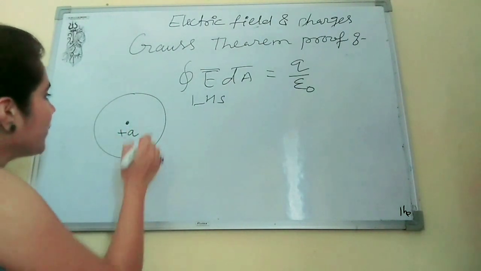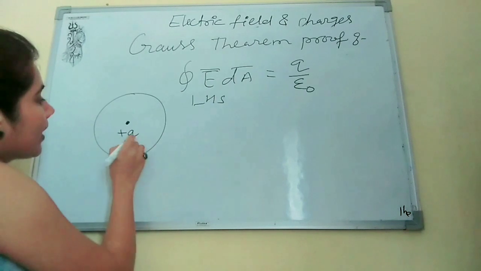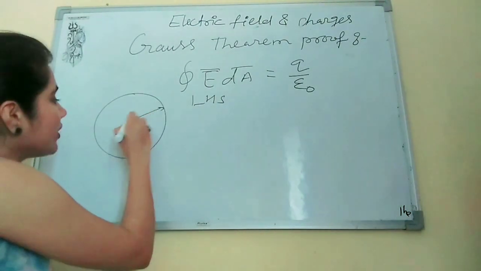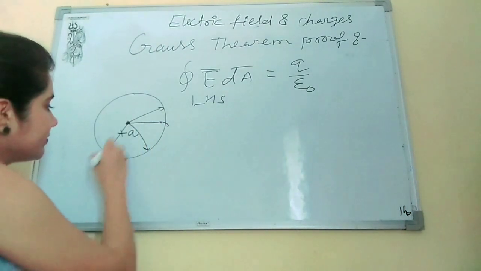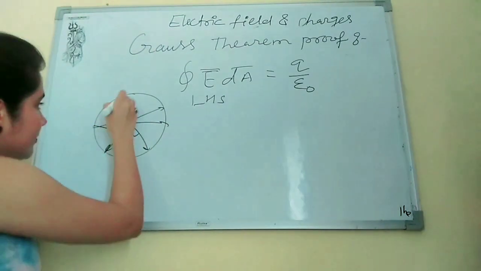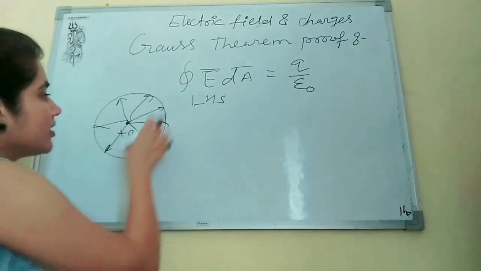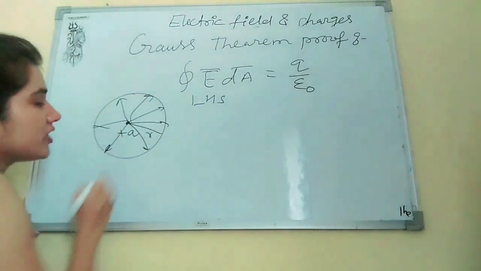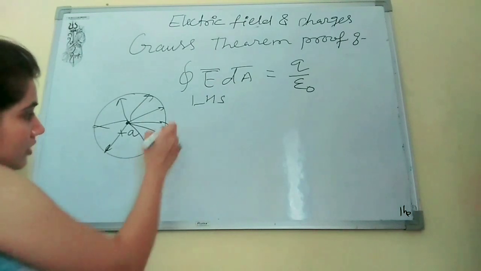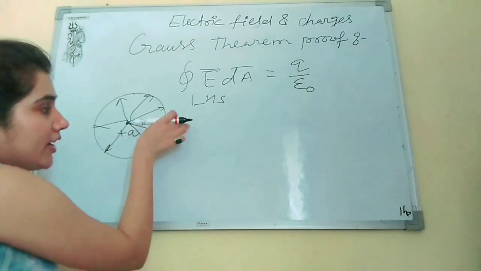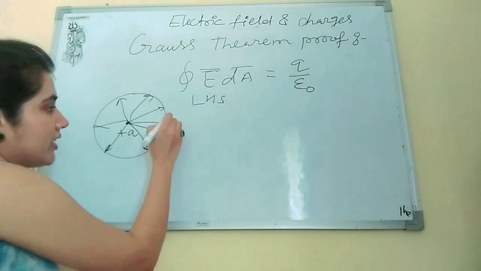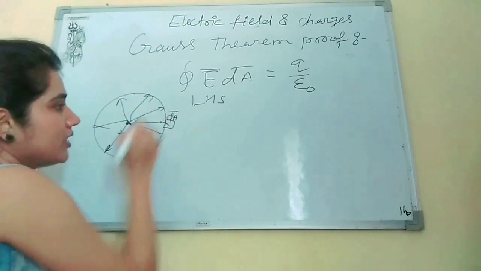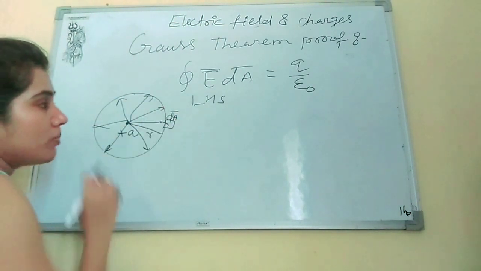Because of plus Q, the field radiates outward like this. This is the shape of a circle, it has radius, and we take it as R. At this point there is a very small area of the whole surface, that is dA, a small part.